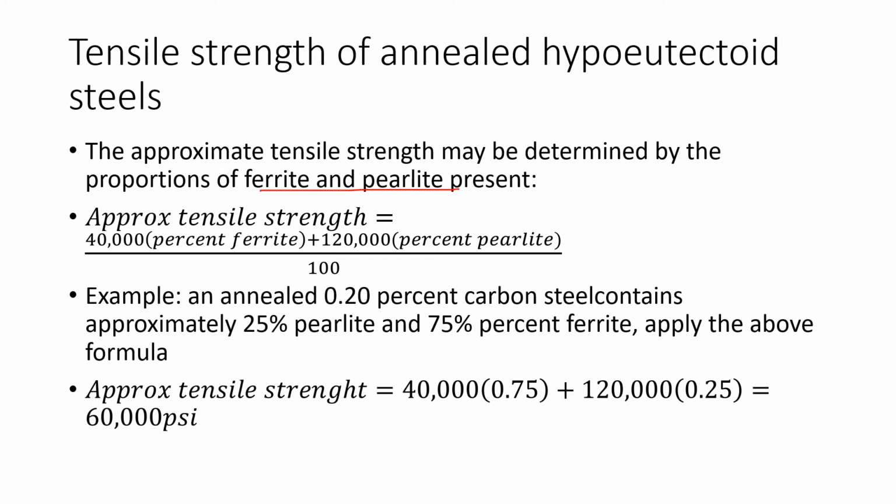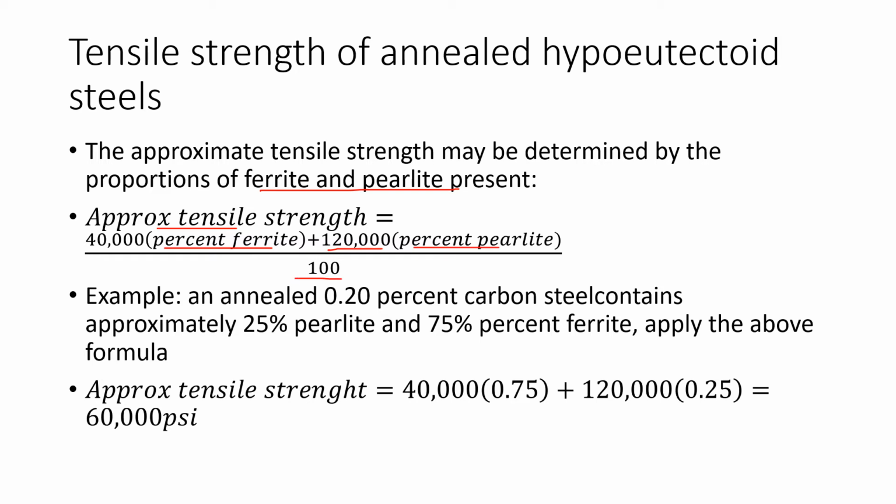The general formula for the approximate tensile strength for alloys with ferrite and perlite percentages is: approximate tensile strength equals 40,000 multiplied by percentage of ferrite plus 120,000 psi multiplied by percentage of perlite, divided by 100.